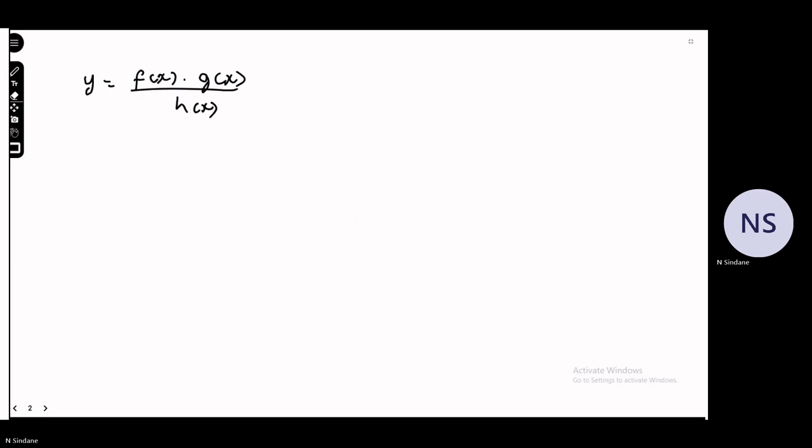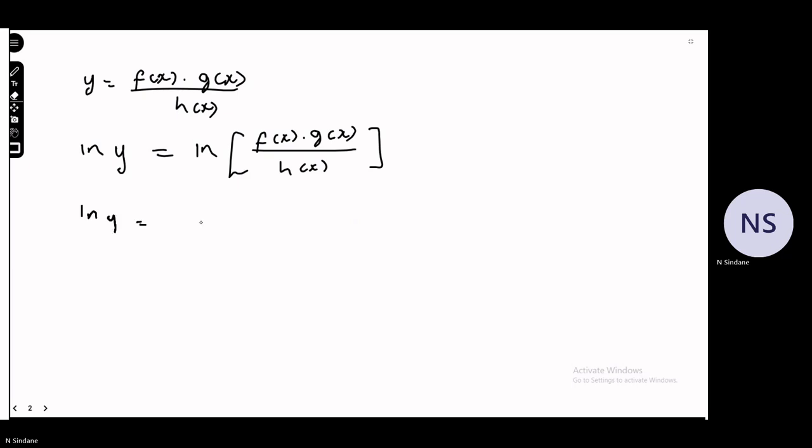Before you differentiate this, you can just introduce ln to make it simpler. ln of y is equal to ln of f of x multiplied by g of x divided by h of x. In simplest terms, this can be written as ln of y is equal to ln of f of x plus ln of g of x minus ln of h of x.